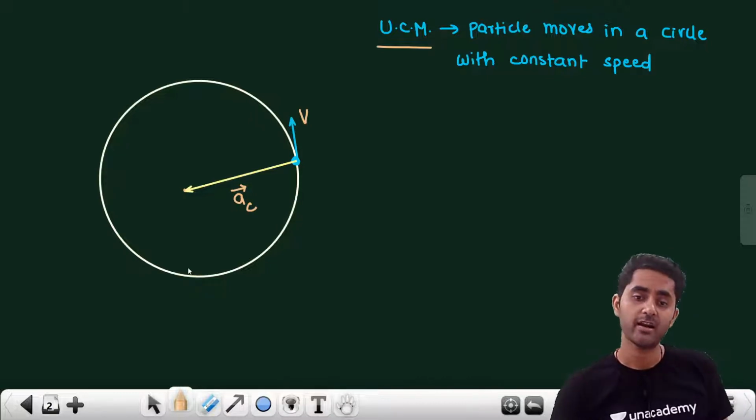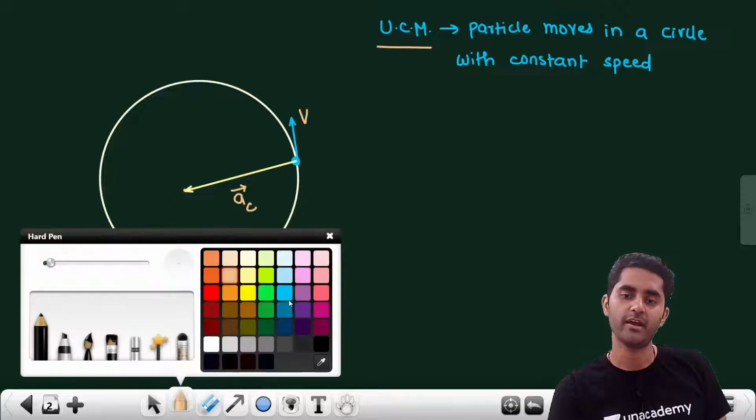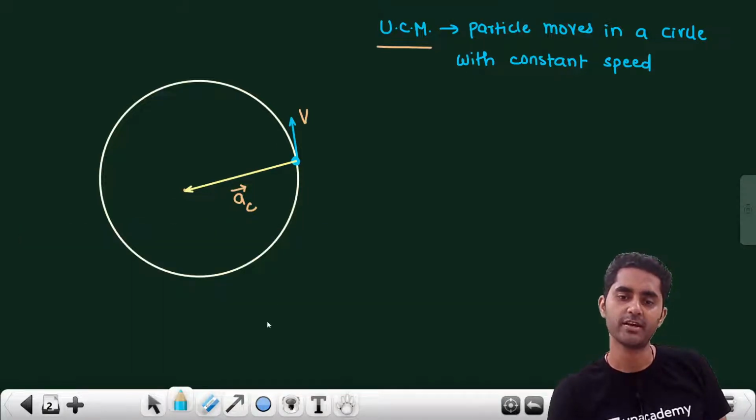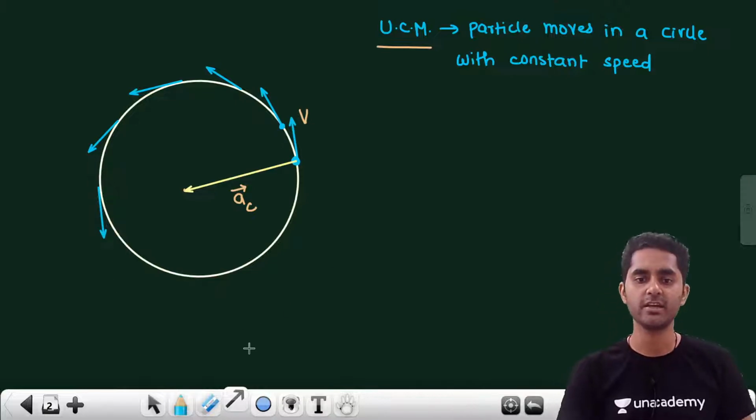Yes, and you know the centripetal acceleration is there at every point. Suppose the body, after changing direction, has gone to this point. Then at this point the direction of the velocity will keep on changing. The magnitude will remain the same, but the direction keeps on changing.